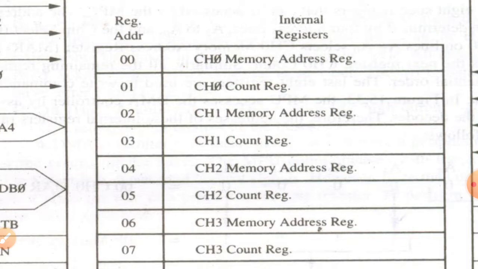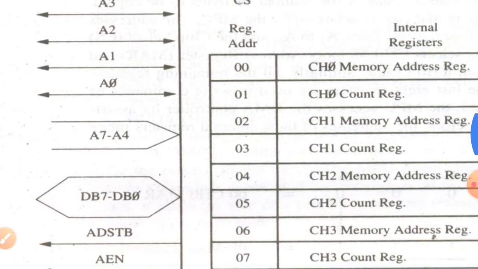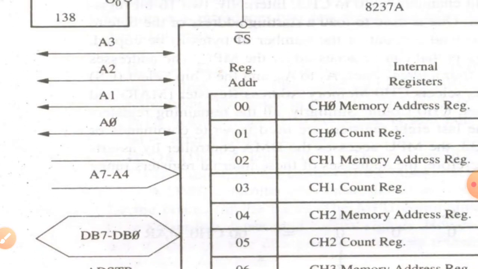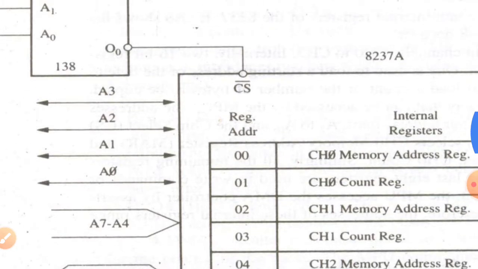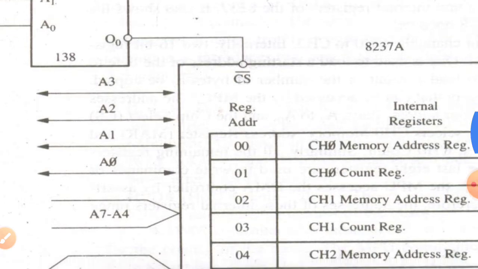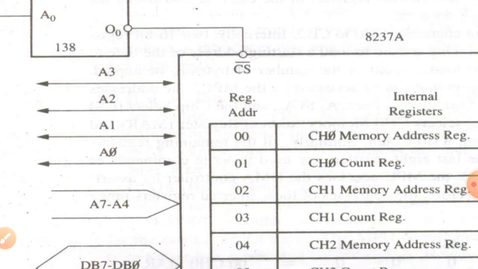Now, how will the address of these registers be determined? The address of these registers is determined by the 4 address lines A3 to A0, as well as the chip select signal, because until this chip is selected, it will not work. So the address 000 on the lines A3 to A0 is going to give you the address of CH0, that is, channel number 0.